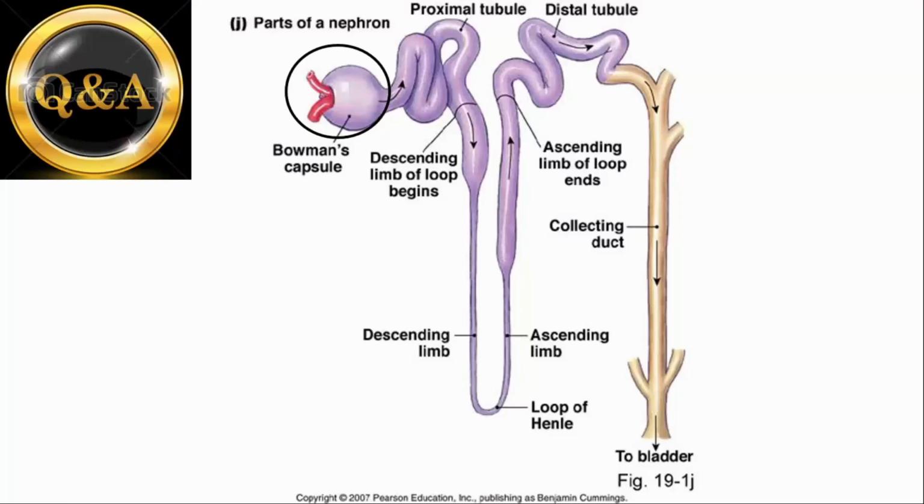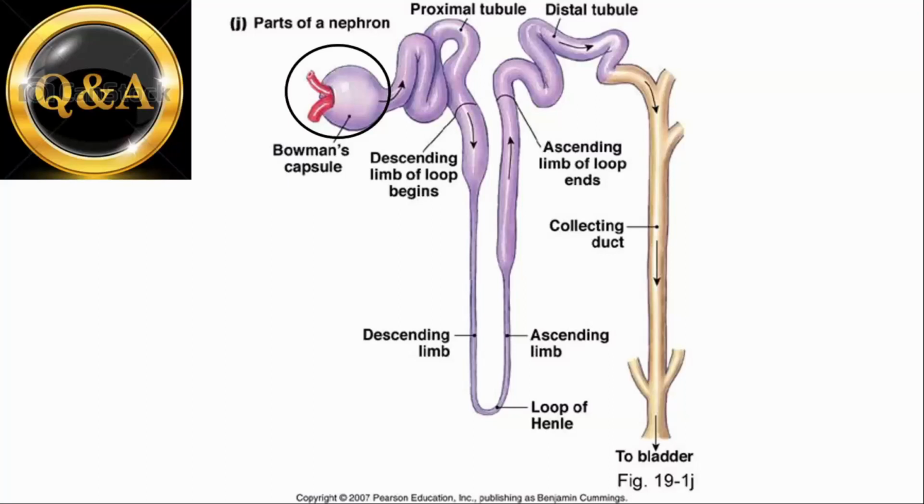Are these two arterioles of the same size? The answer is no. The coming arteriole, the afferent one, is larger than the efferent, the coming out. So pressure will build inside the glomerulus.